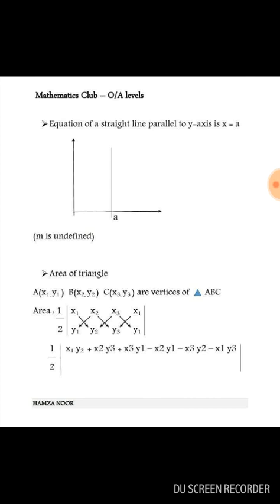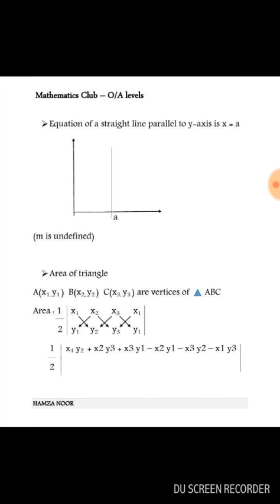For example, if we have to calculate the area of a square or a rectangle by this formula, we will write x1 y1, x2 y2, x3 y3, x4 y4, and then we will again write x1 y1. So the cycle has to be completed again till x1 y1.